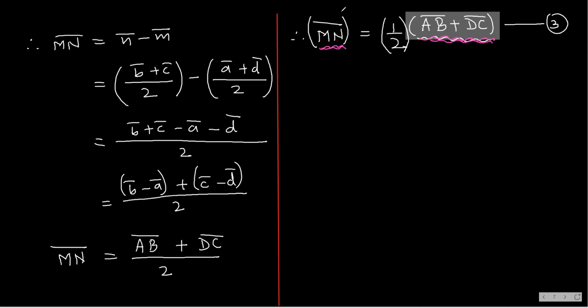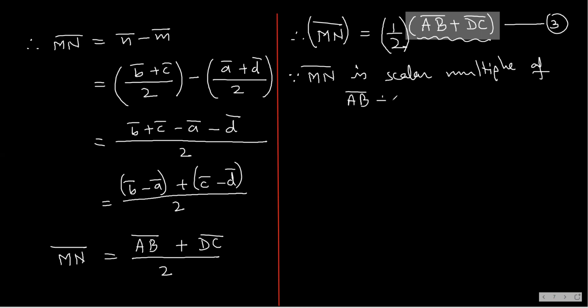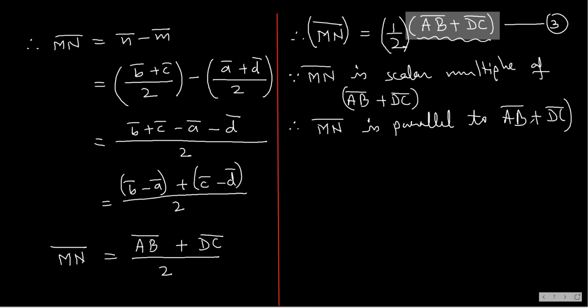So from this, what can I say? I will say, since MN bar is a scalar multiple of AB bar plus DC bar, therefore MN bar is parallel to AB bar plus DC bar.